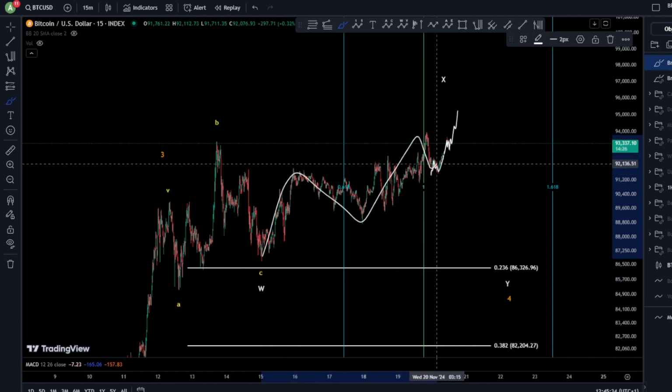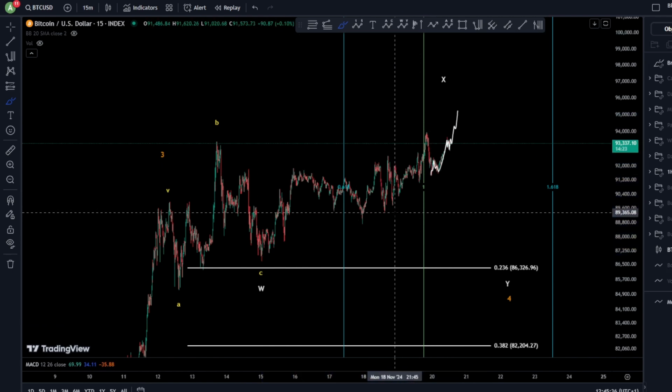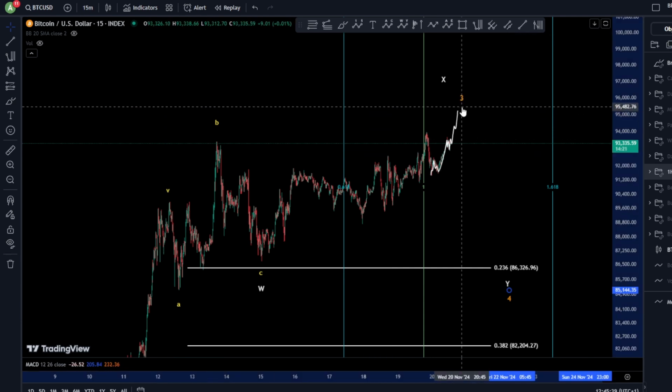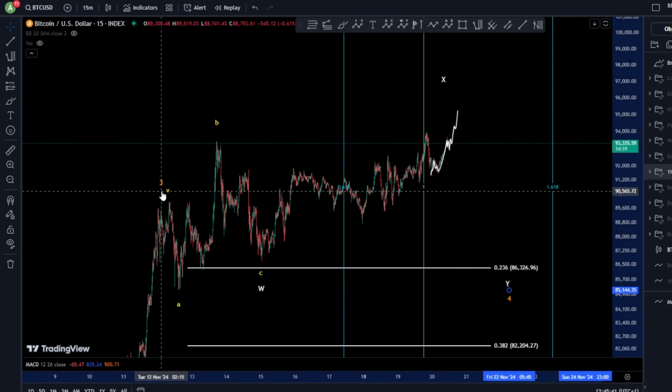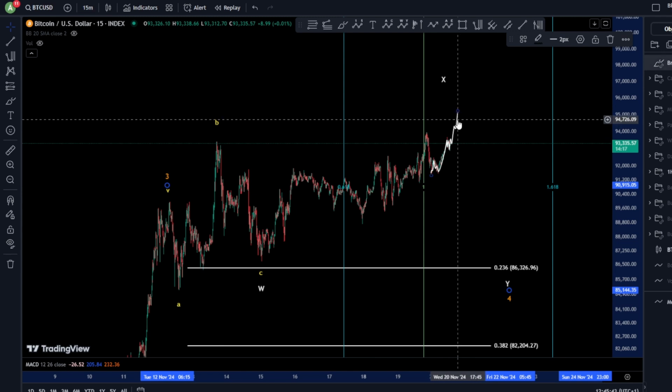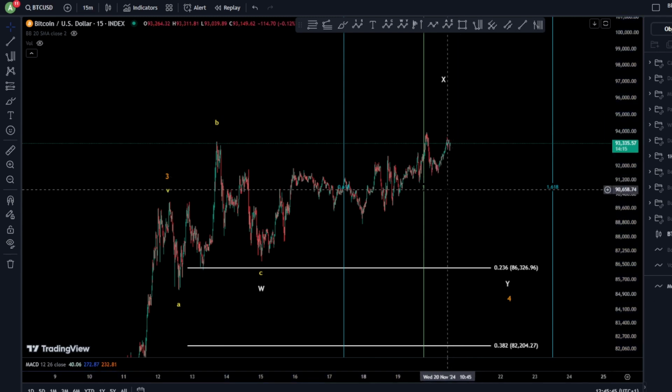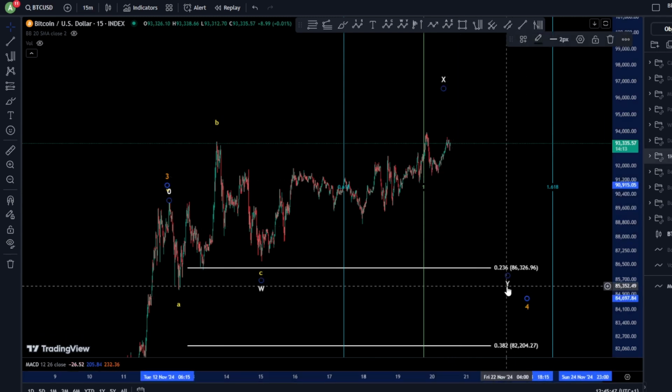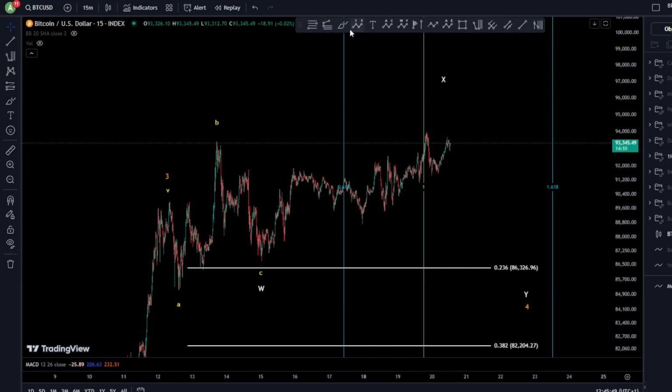1, 2, 3, 4, and a 5. So if that is the case, we might of course move this wave 3, and then of course have a new count there, and we might still be looking for a wave 4 towards the downside after all, with a longer time, right?